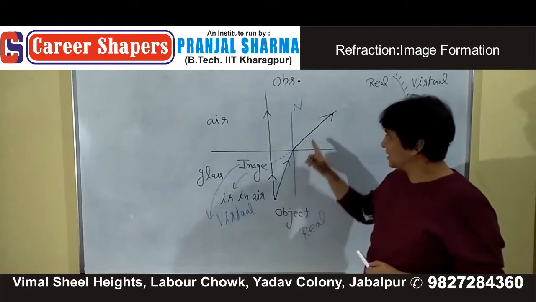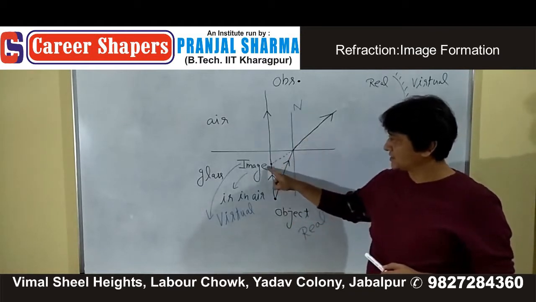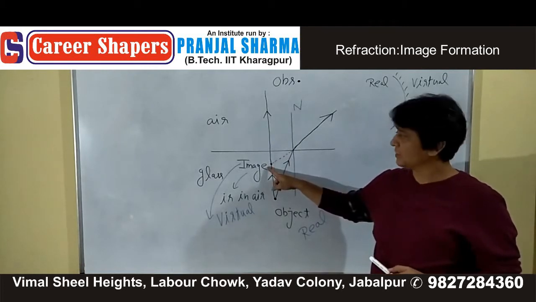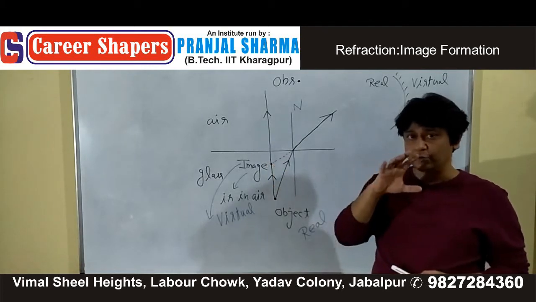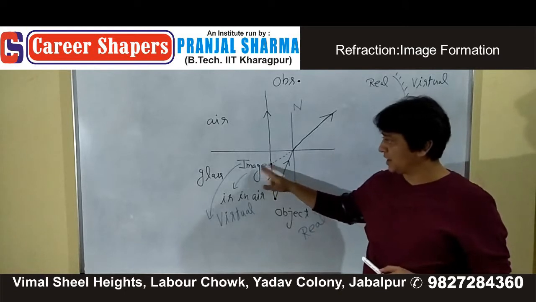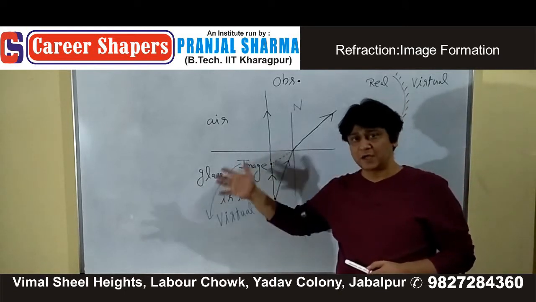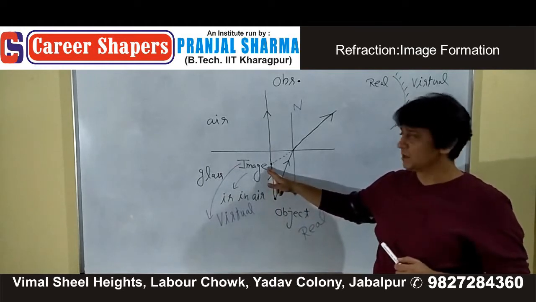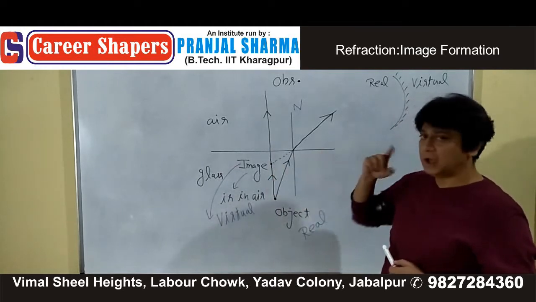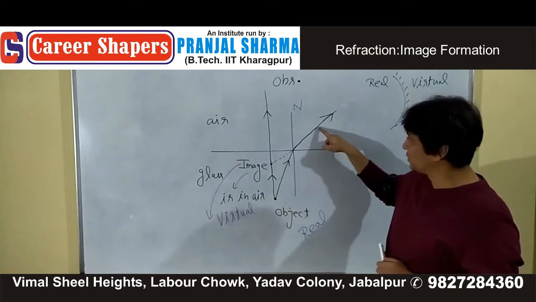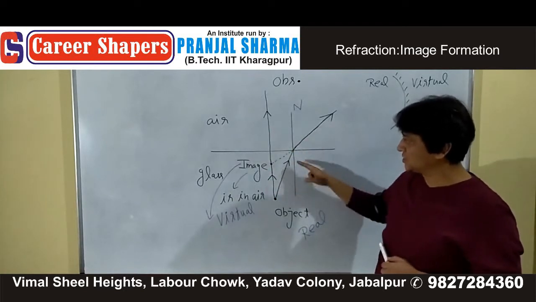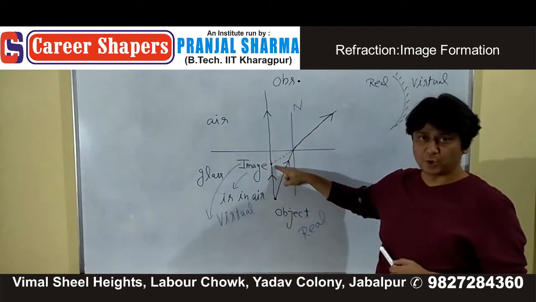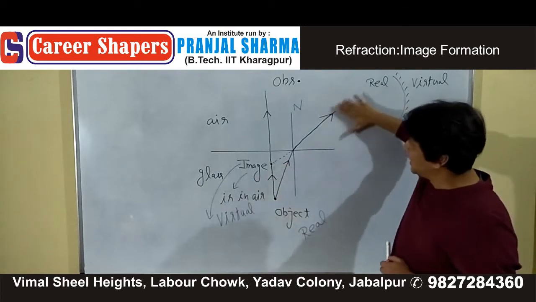You found that these two rays are intersecting at this point, but to you it appears that this point is in glass. But now let me prove that for you also this point is not in glass but is in air. I asked you to produce this ray and this ray backwards so that you can find the intersection point. Now what is this medium?